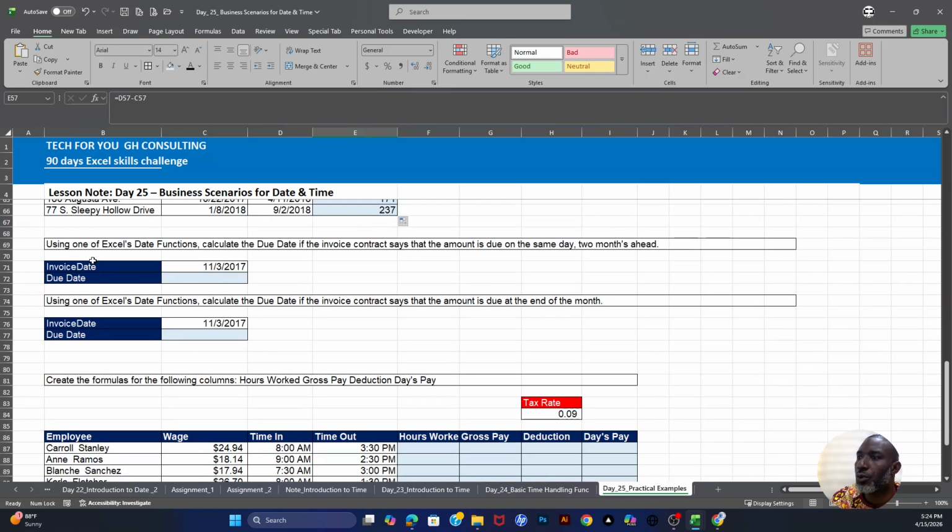Okay, so the next one is that we use one Excel date function. Calculate the due date if the invoice contract says that the amount is due on the same day 2 months ahead.